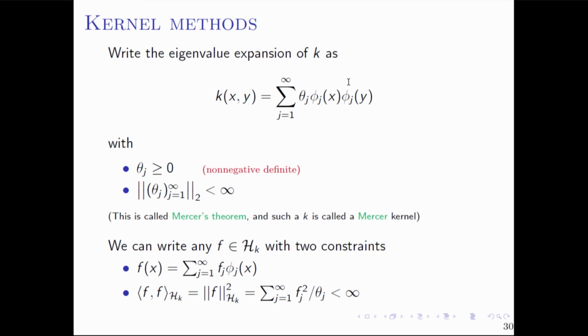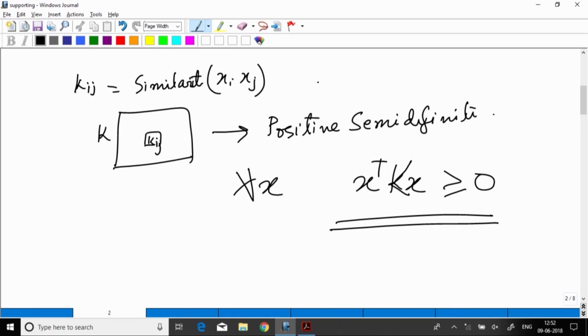So if your kernel satisfies this condition, you transform your data from x to phi 1 of x, which is your basis function, phi 2 of x, and this can go up to phi infinity of x.